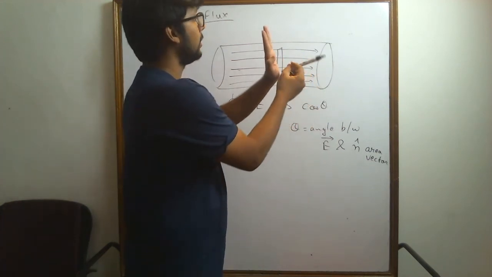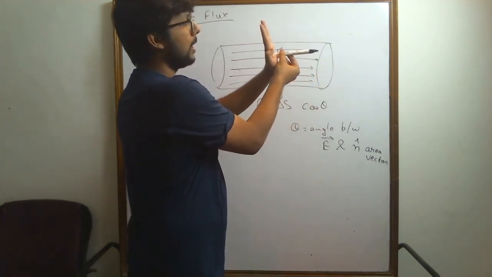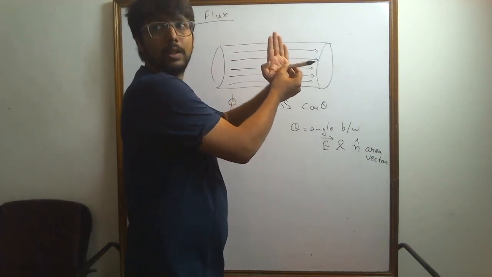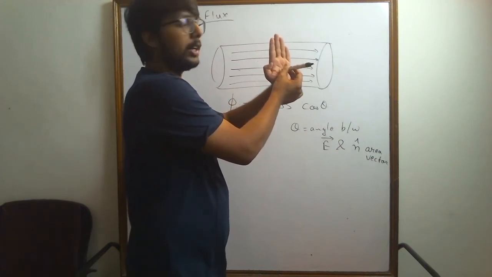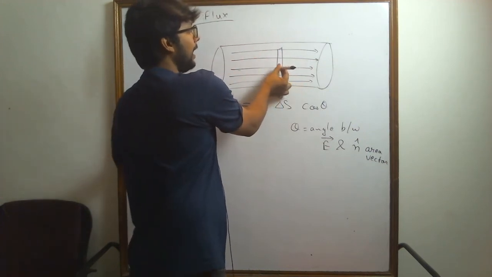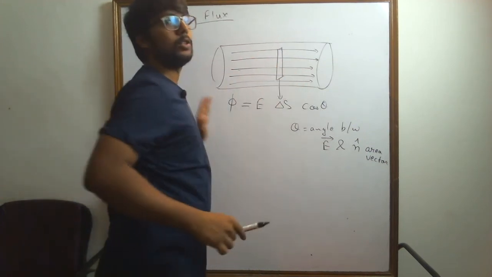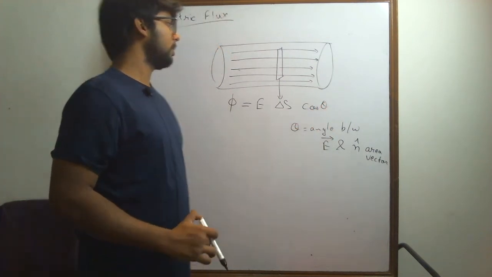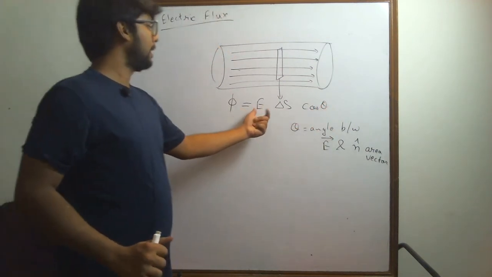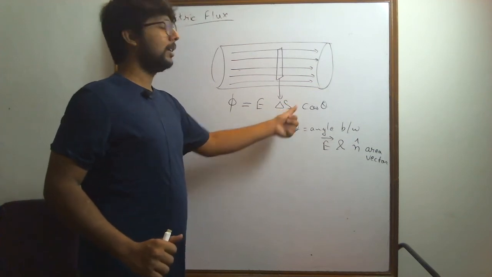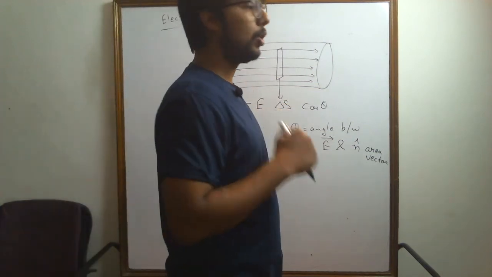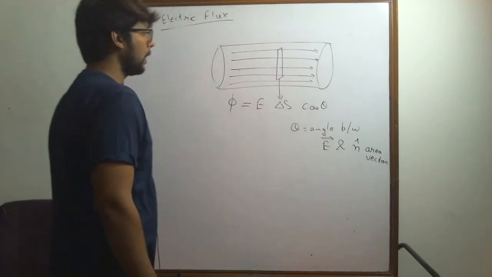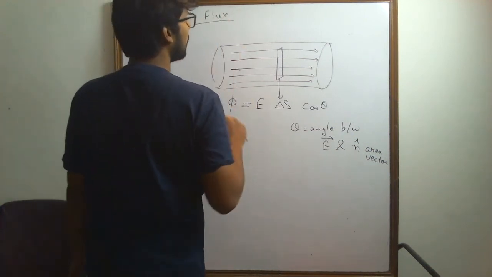So in the initial case this was the n cap, but now as my hand turned a little bit, the n cap has changed, and so there is now an angle between these two vectors, and so that is the theta that we will be using here. That's why this is E dot delta S, which means it's a dot product between electric field and area. Okay, so this is what electric flux is.